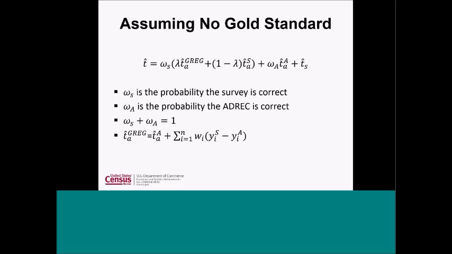So this allows you either to use some other information to make some appeal for which one is more likely to be and how much more likely to be, or more accurate, but it also allows you to do sensitivity analysis, right? So in Martha and John's paper, they do a bunch of different sets of omegas to look at, if you make an assumption of one or the other being more likely true, what's the difference in the estimate that you get.